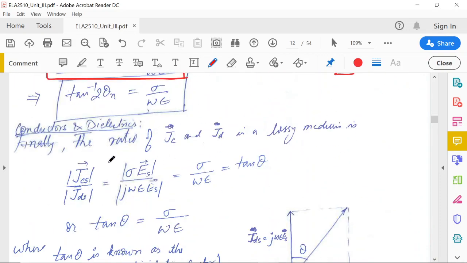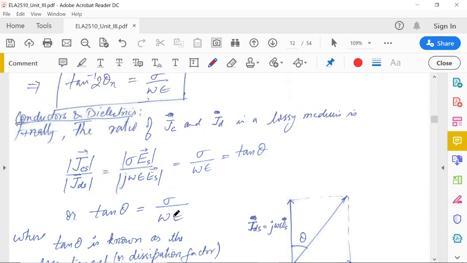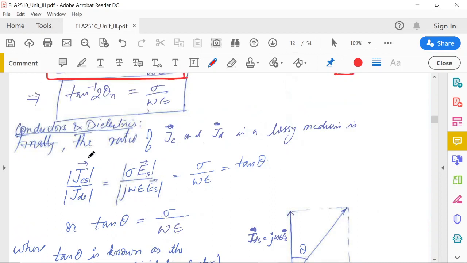Now, conductors and dielectrics. We want to find which materials are good conductors or good dielectrics. To understand that, let's find the ratio of the conduction current density and the displacement current density in a lossy medium.